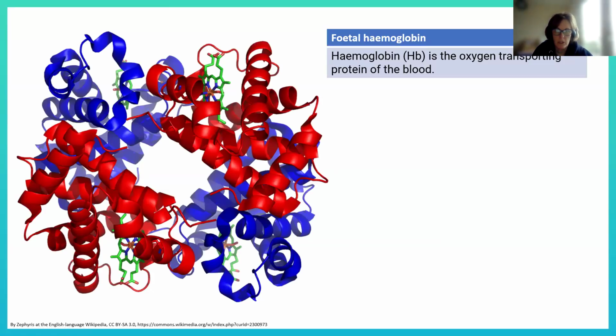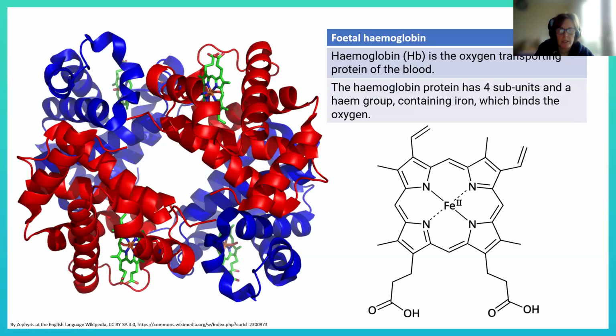So let's have a look at hemoglobin now. The fetus has hemoglobin, which is slightly different to the hemoglobin that we have. We were just mentioning the hemoglobin molecule, iron atom, ion technically. I'll let your chemistry teacher explain that. In the middle is the oxygen transporting protein in our red blood cells.